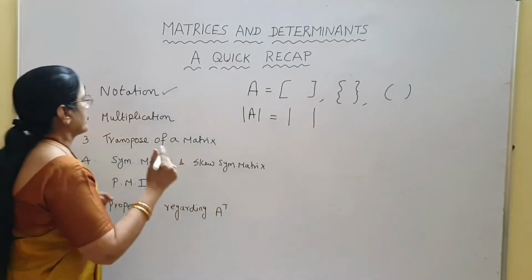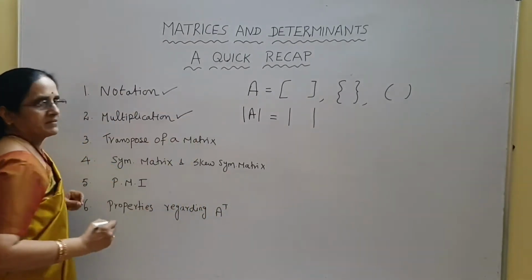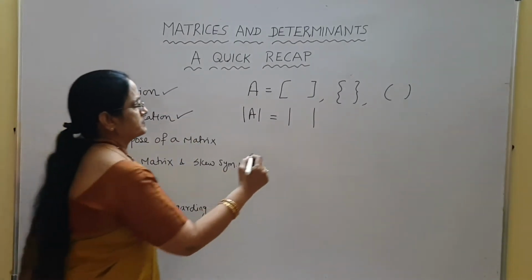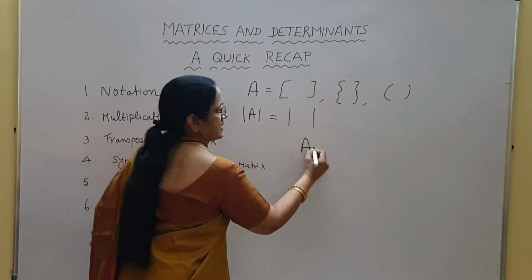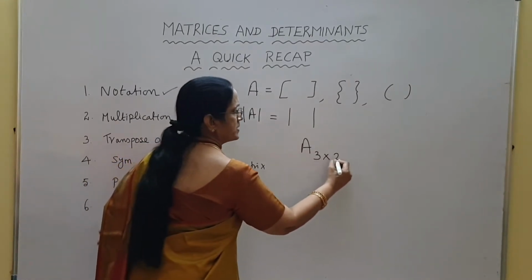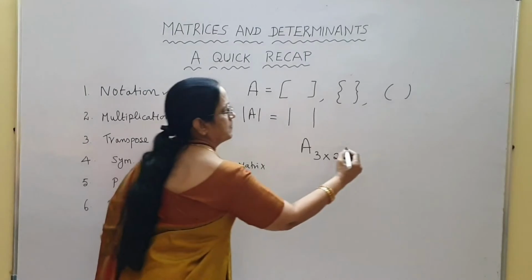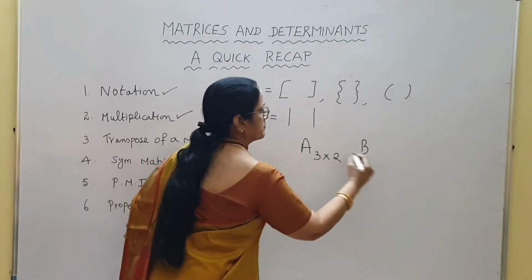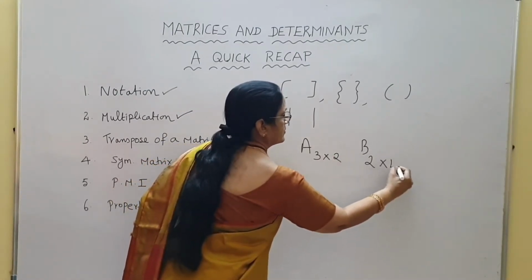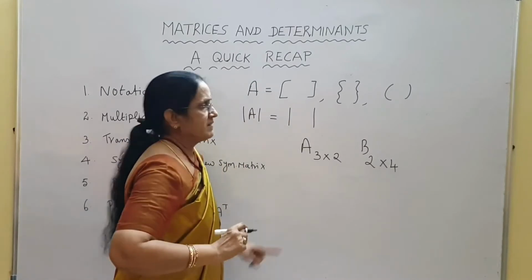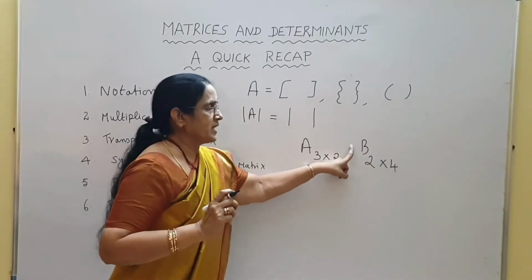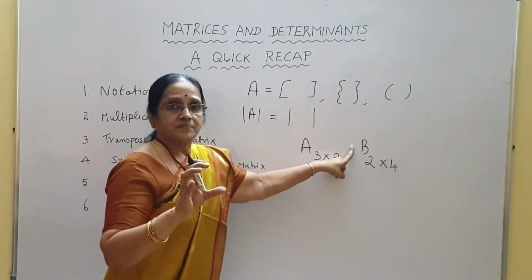The second point is the multiplication. Suppose the matrix A is of order 3 by 2 and matrix B is of the order 2 by 4, then the product AB exists.